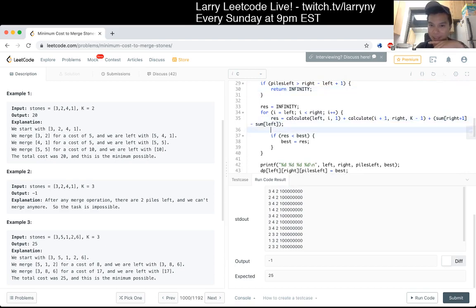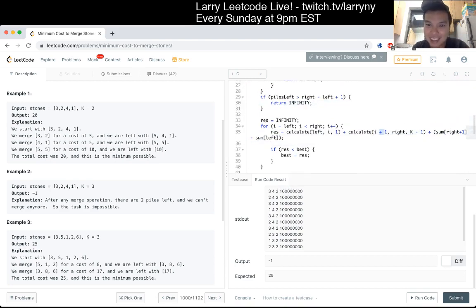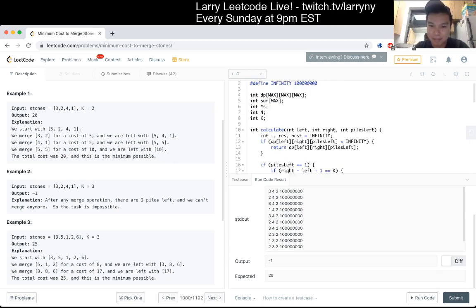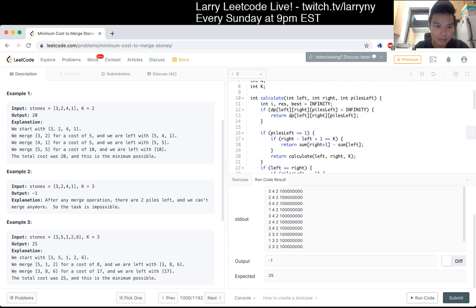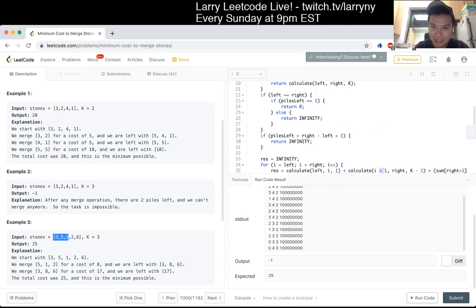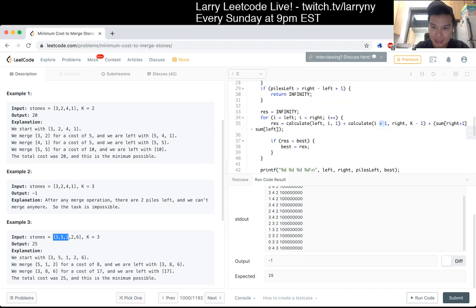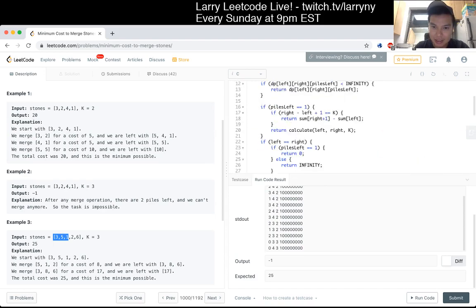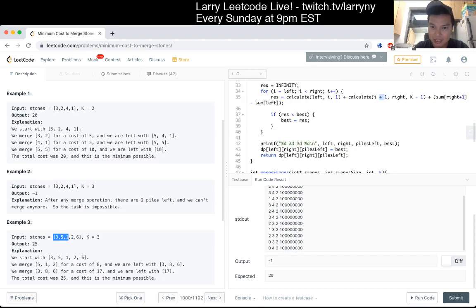I'm just double checking all my code. But so 0 to 2, it should at least give me an answer. But we may just not call it. Okay.